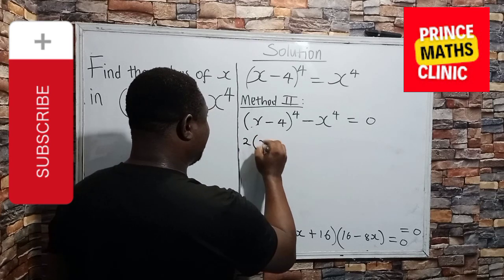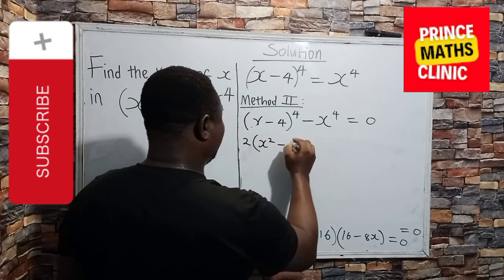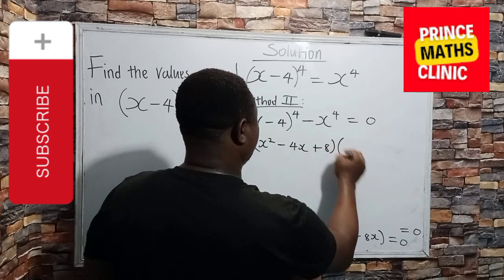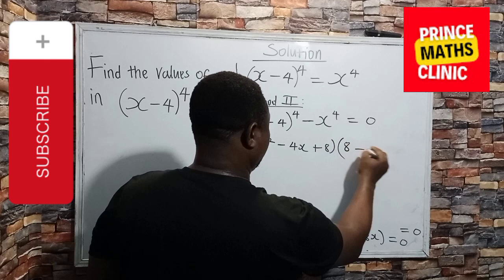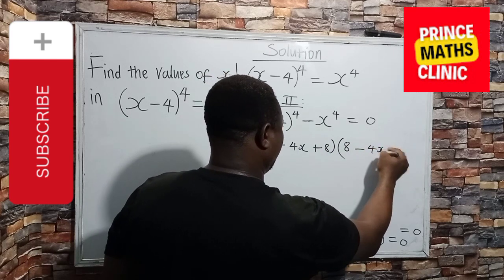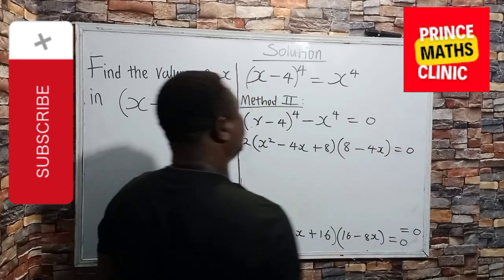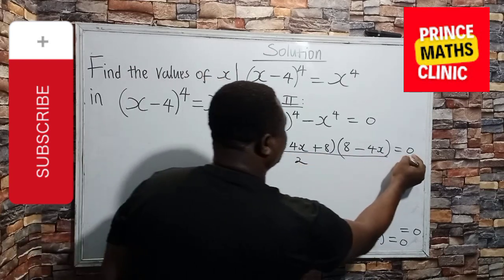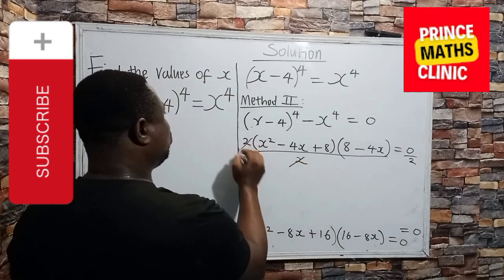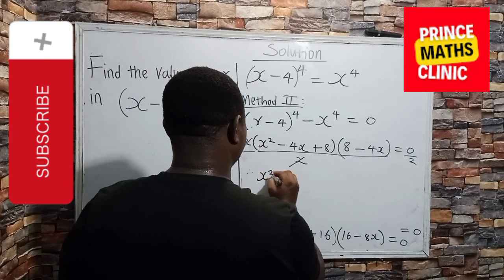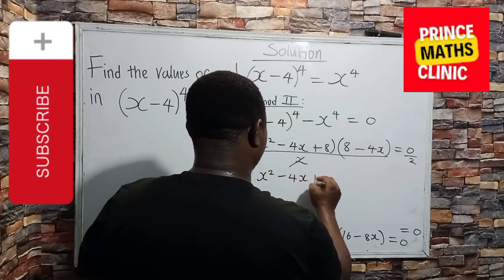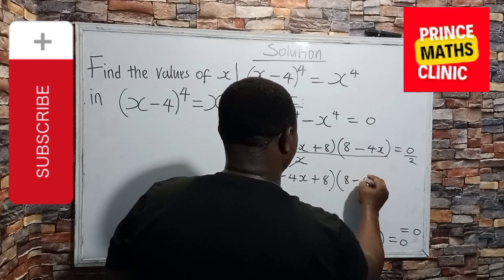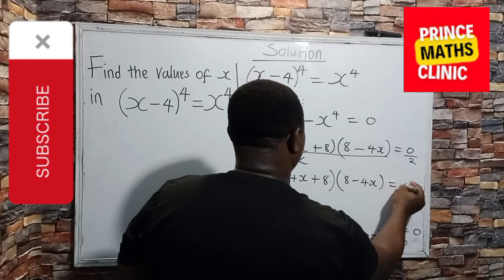So here I'm left with x squared minus 4x plus 8, then here 8 minus 4x, everything equal to 0. If I divide each of the terms by 2, 2 will cancel 2, therefore x squared minus 4x plus 8 will multiply 8 minus 4x, equal to 0.